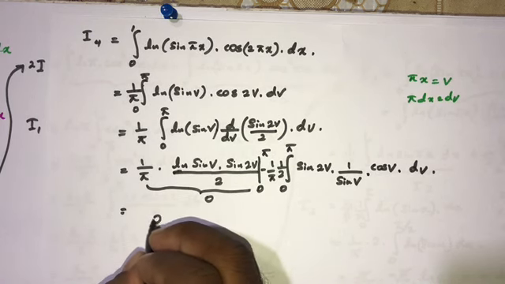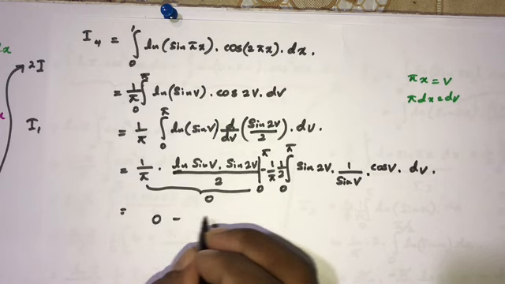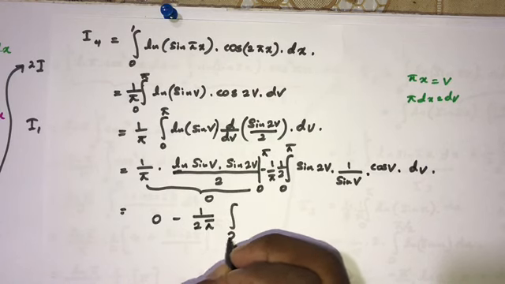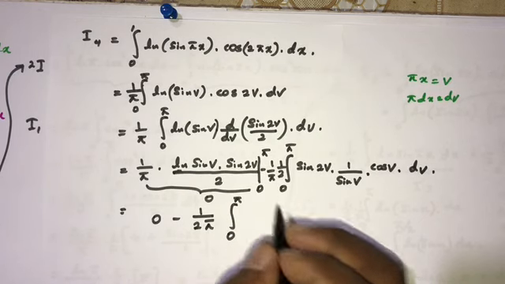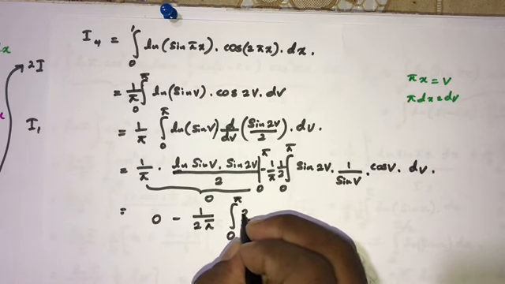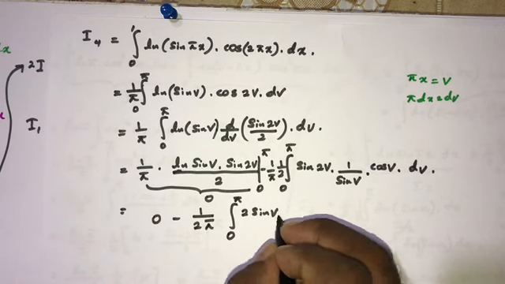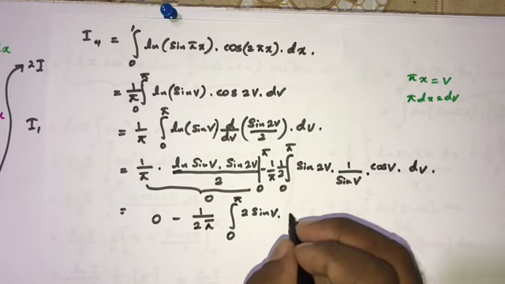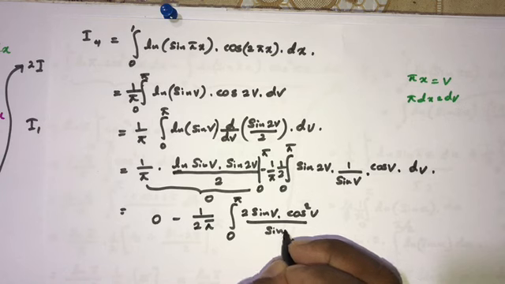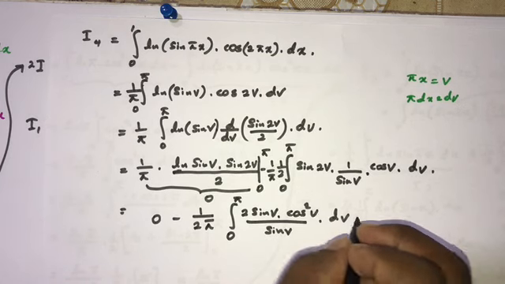Now 0 minus 1 over 2 times π, here 0 to π. Now sine of 2v, we know the double angle formula, 2 times sine of v cosine of v times this cosine of v, cosine square of v over sine of v dv.